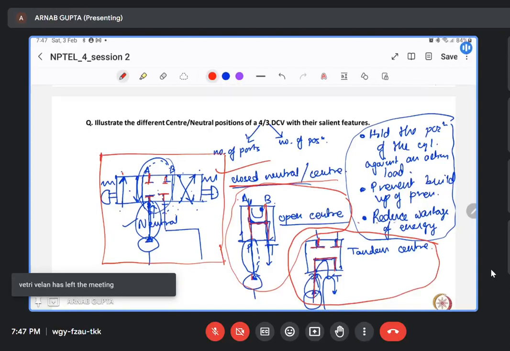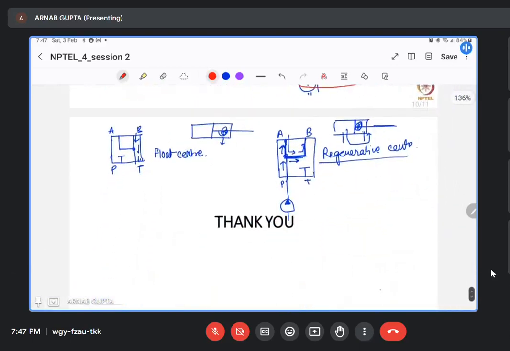So the reduction in energy wastage criterion is not fulfilled here. In this one, it is a float center where the position is floating. If pressure builds up on one side, it won't be stable. It will try to retract.